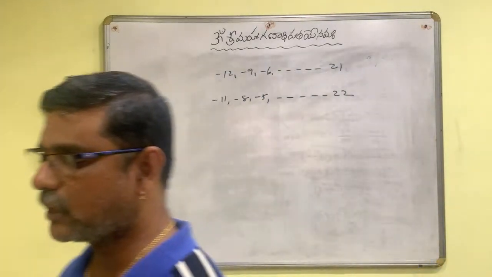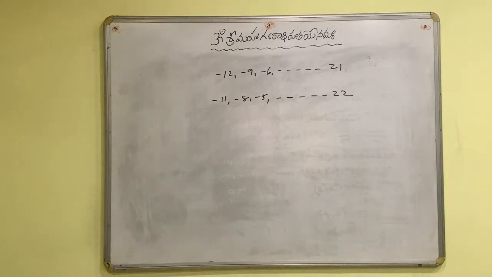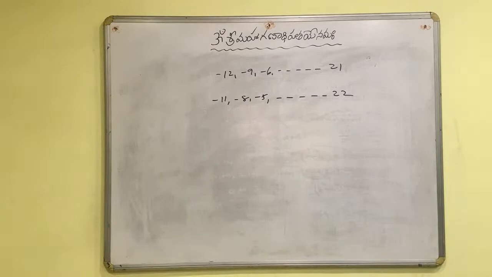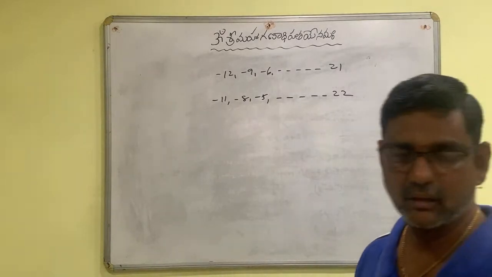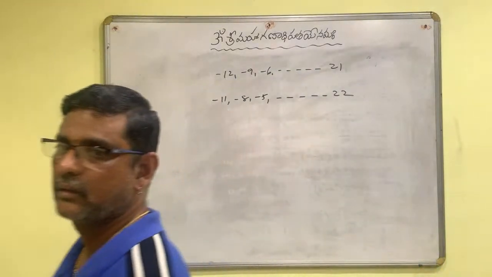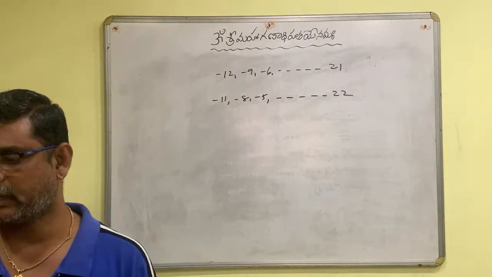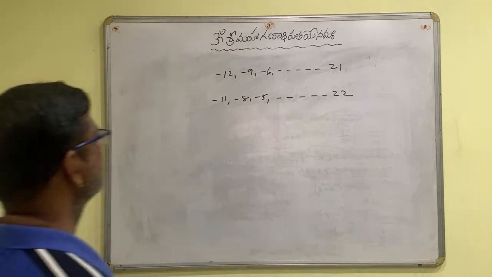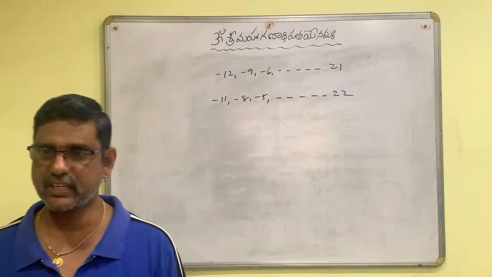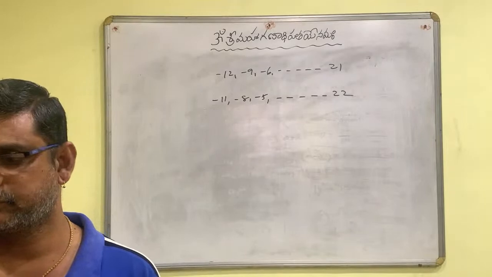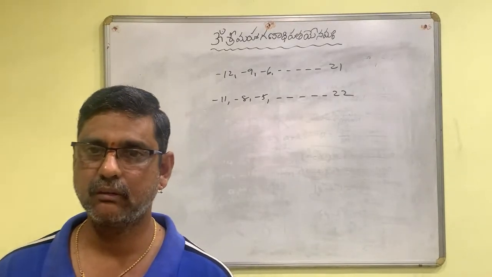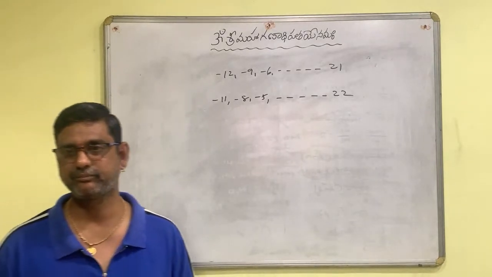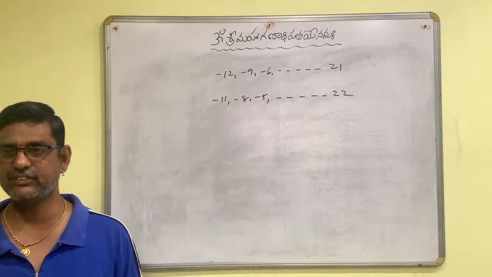The question is how much he saved in the first month. So what is given? Sn is given.